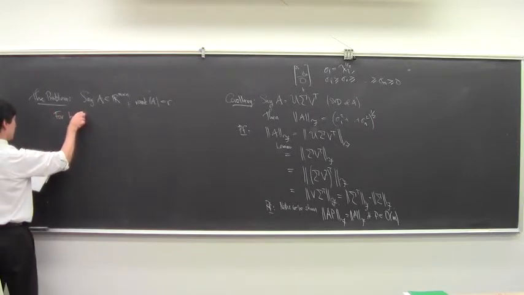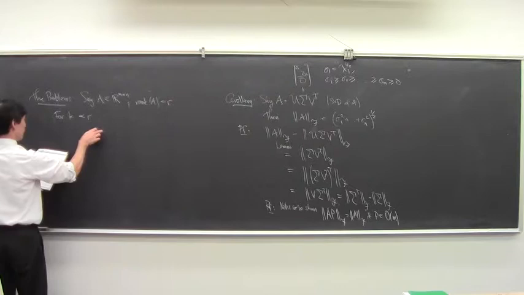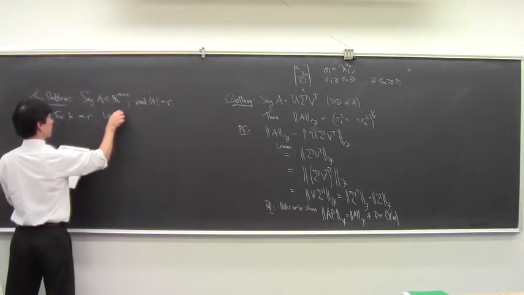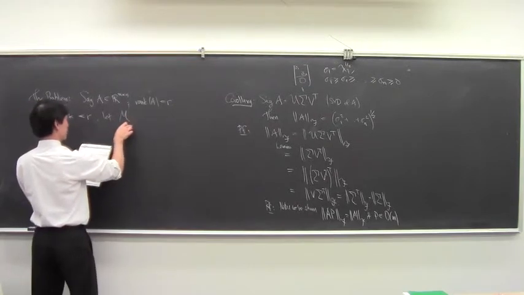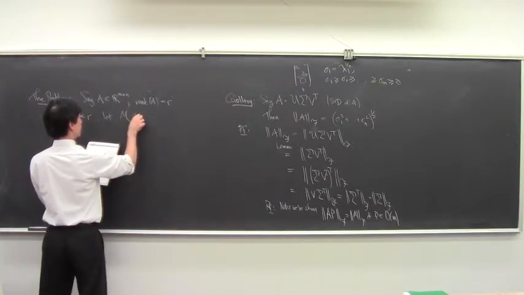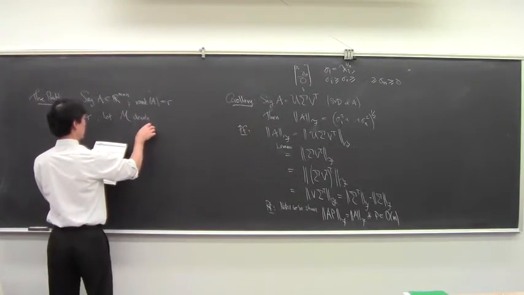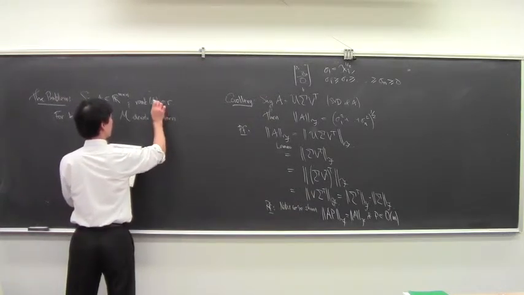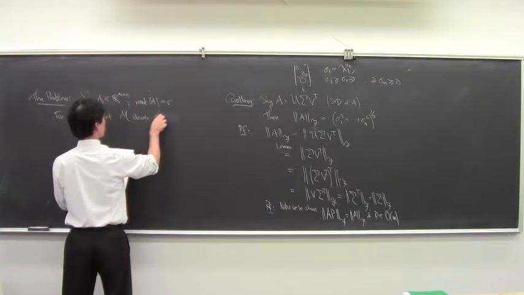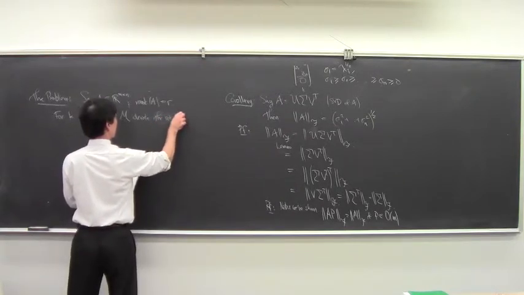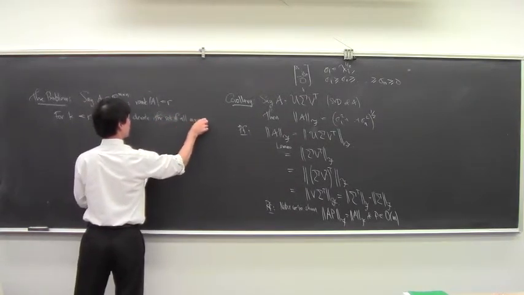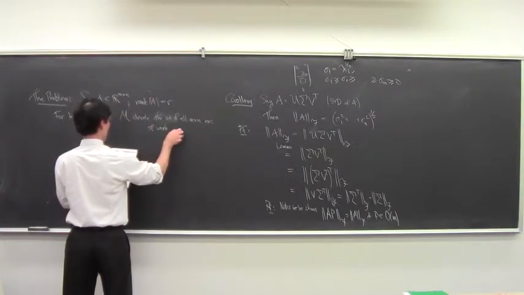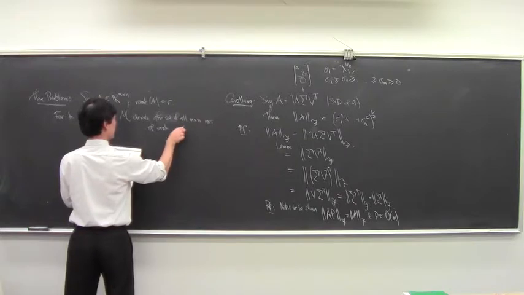For k less than r, let M denote the set of all m by n matrices of rank less than or equal to k.